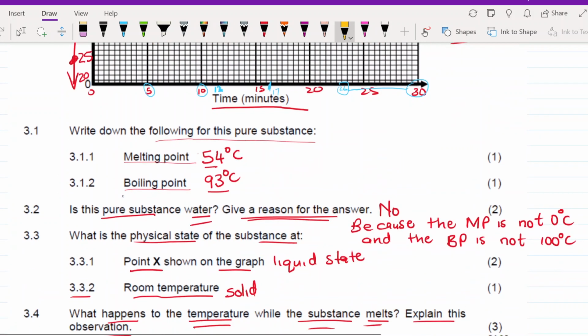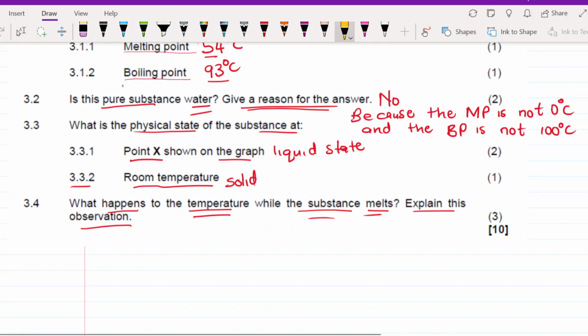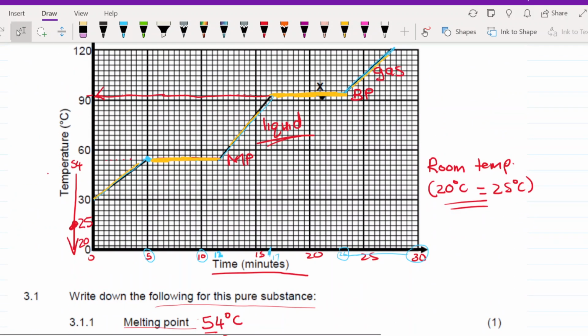So this question is asking, what happens to the temperature while the substance melts? So we are looking at the melting point. Here is the melting point, this temperature where the substance is at 54 Celsius degrees.